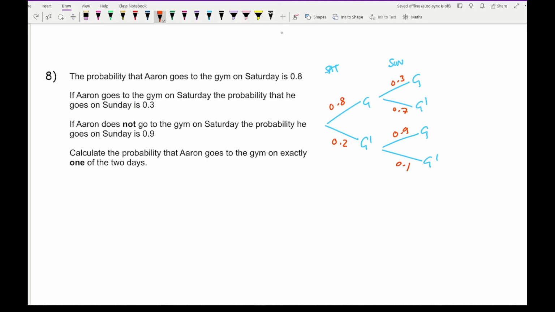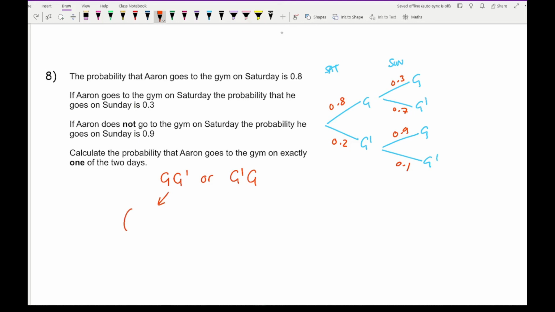Now the question is asking what's the probability that he goes to the gym on exactly one of the days. So the possible outcomes I could have is either G and not G, or not G and G. So that's what I then need to work out. So again, not really essential for you to draw the tree diagram.